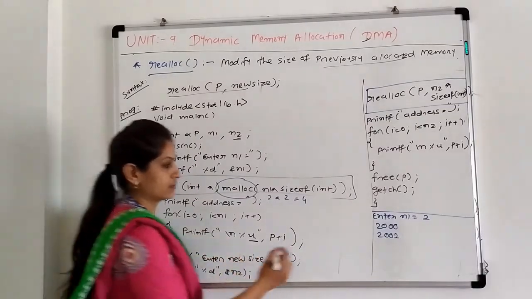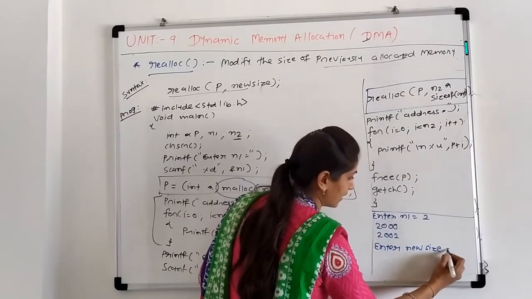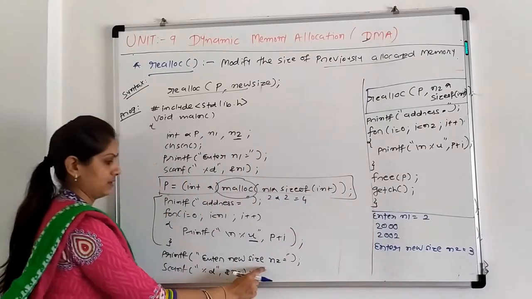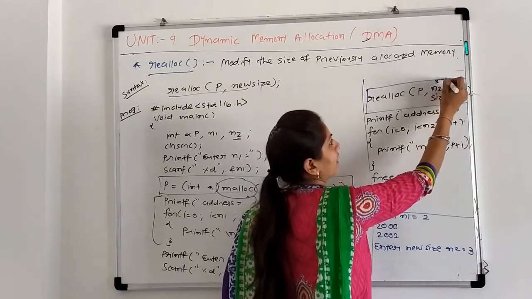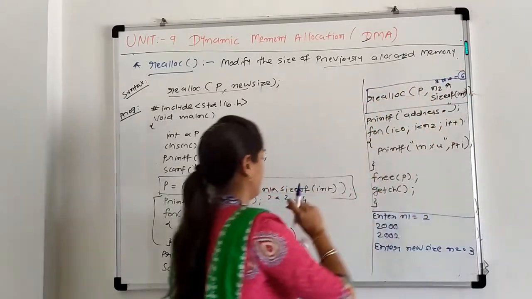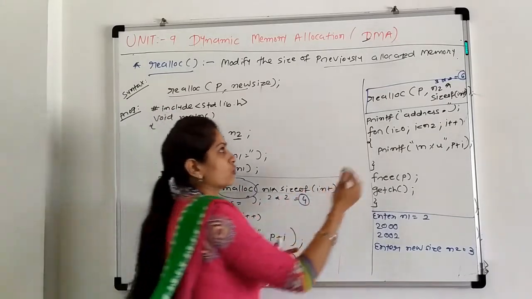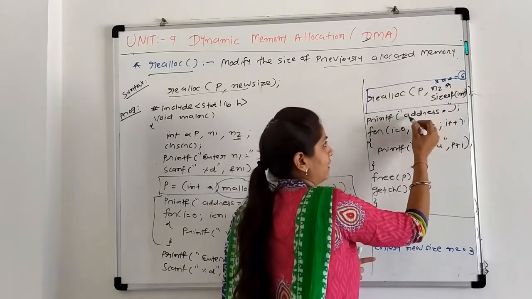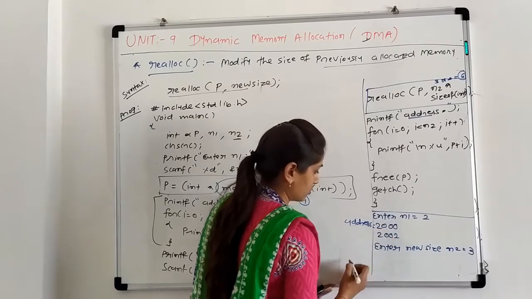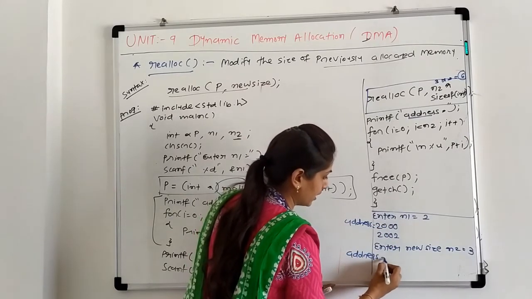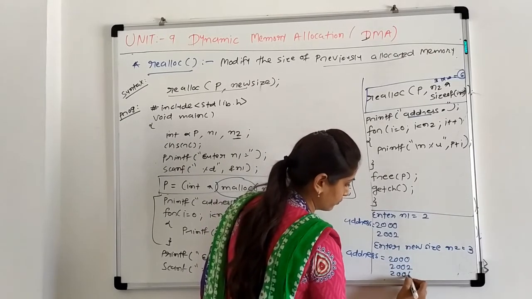Now enter the new size. I enter another size, that is my n2, and suppose that is 3. So the output is what? The new size is allocated, 3 into 2, total 6 bytes. Previously we allocated 4 and we are changing from 4 to 6. So the addresses are printed. The first two are the same and the third is 2004.